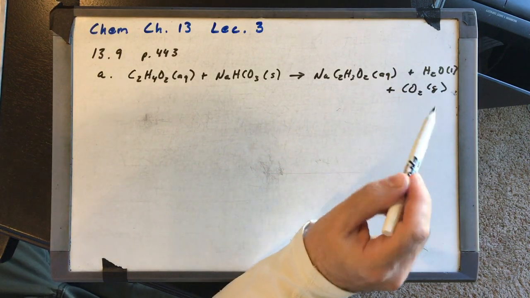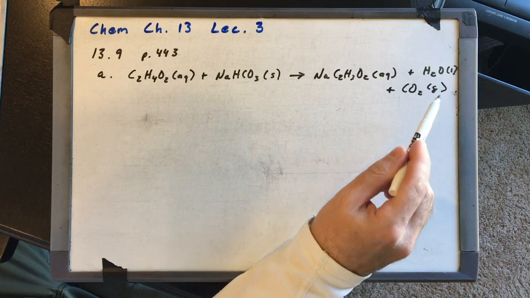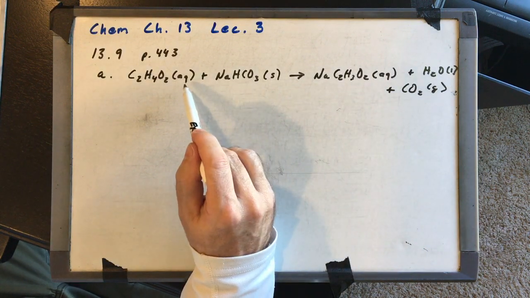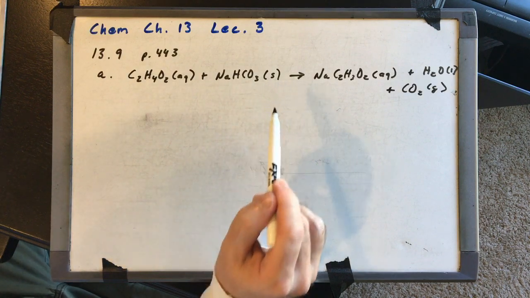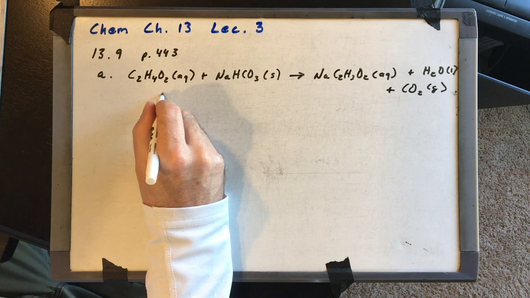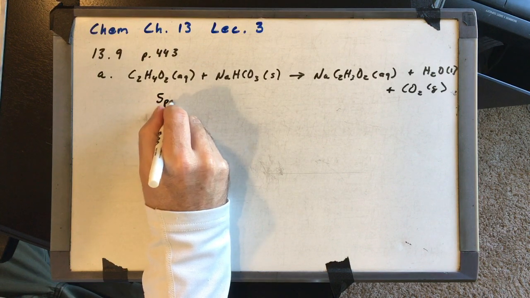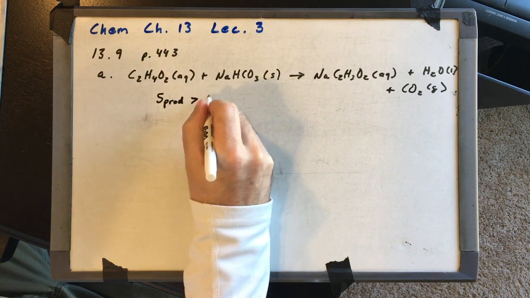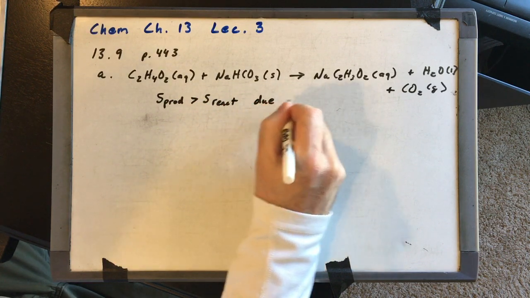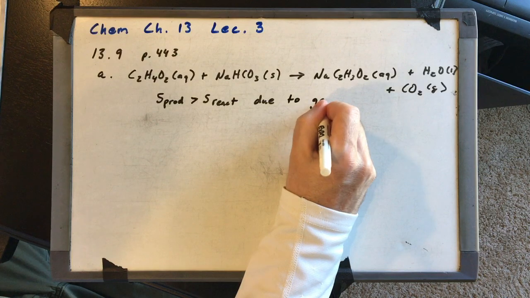Okay, gases have the most entropy. The right side has two liquids and a gas. The left side has a liquid and a solid. So S of the products is greater than S of the reactants due to gas.